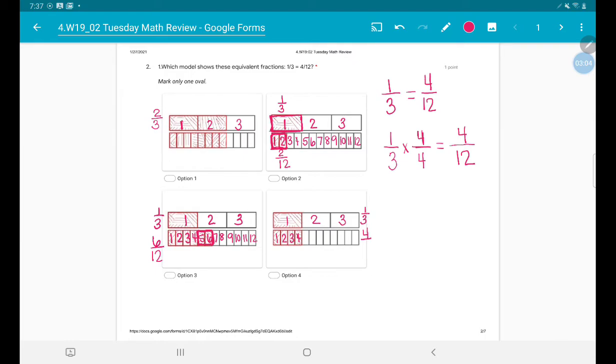My numerator is 4. In the whole, there are 5, 6, 7, 8, 9, 10, 11, 12. So that's 4/12, and that model shows that 1/3 is equal to 4/12, just like we proved using multiplication at the beginning.